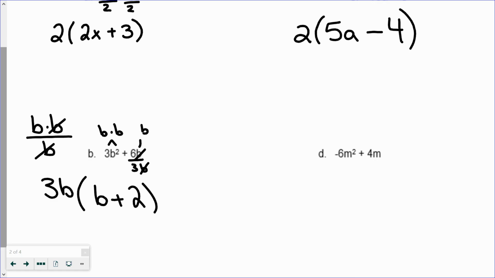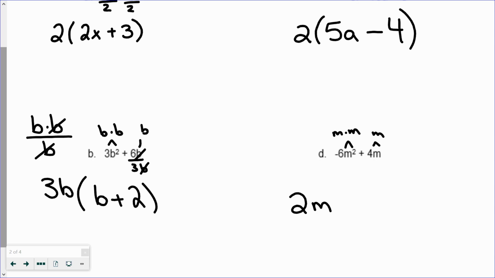Next one, what would 6 and 4 have in common? 2. And then how many m's can I pull out? Somebody say 1? I heard 3, I think. Not 3 because they're 2 separate terms.